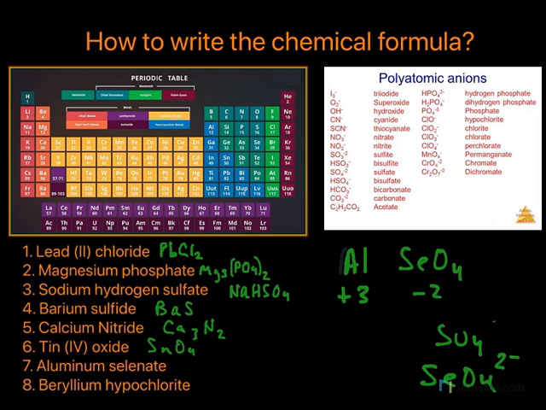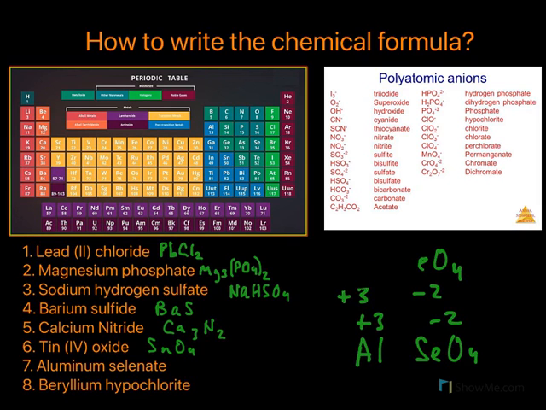So then, again, let's just do it the easy way. It's better if I wrote it this way. This is a plus 3, this is a minus 2. So you could just put the 2 down here and the 3 over here. So you'll have aluminum 2 and then SeO4 3.